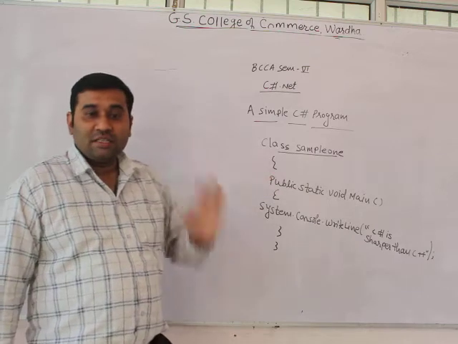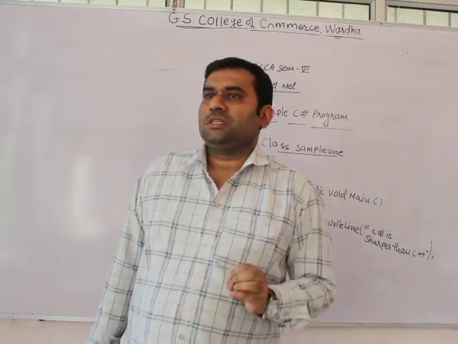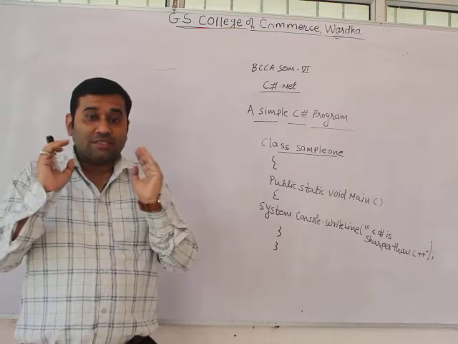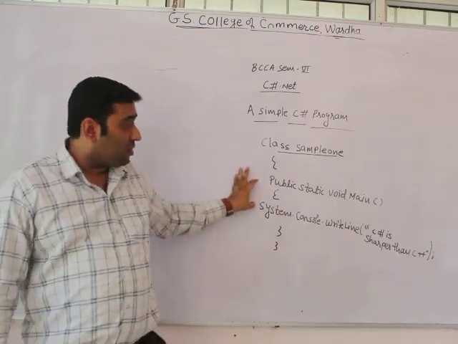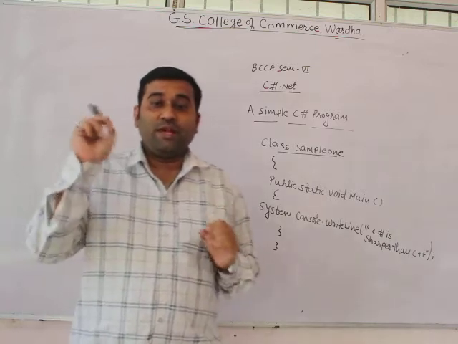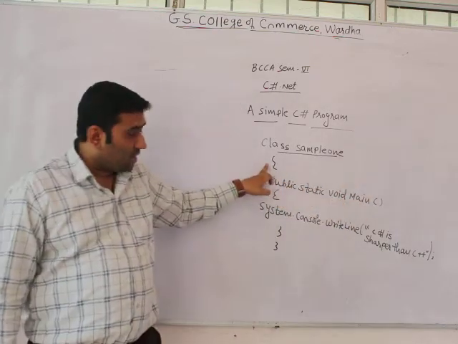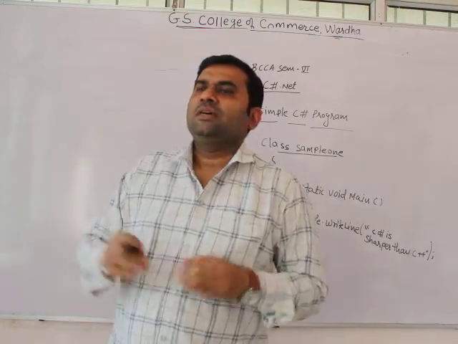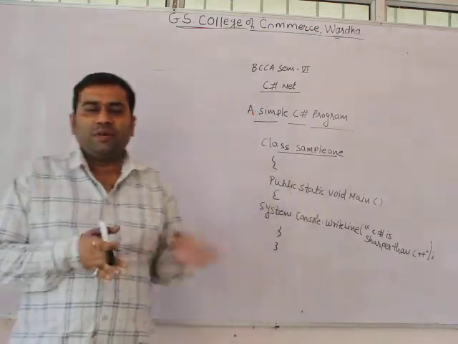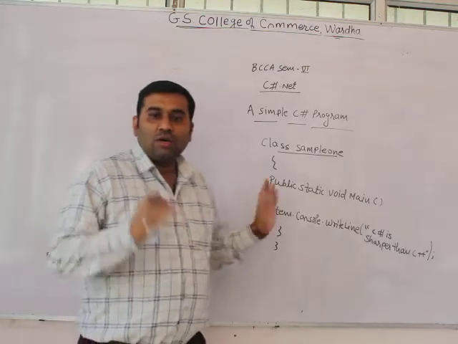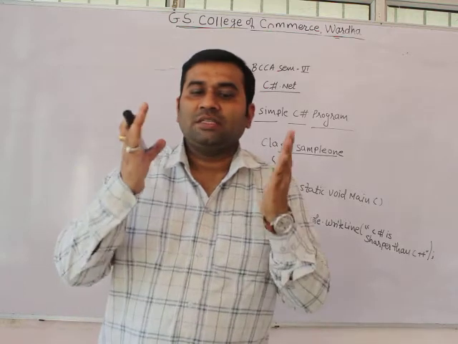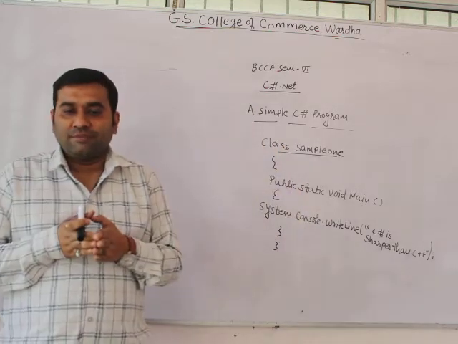Then write the braces. C Sharp is a block structured language, meaning the code is always written in blocks, inside brackets. This is the opening brace and this is the closing brace. Every class definition in C Sharp begins with an opening brace and ends with a corresponding closing brace that appears in the last line of the program.